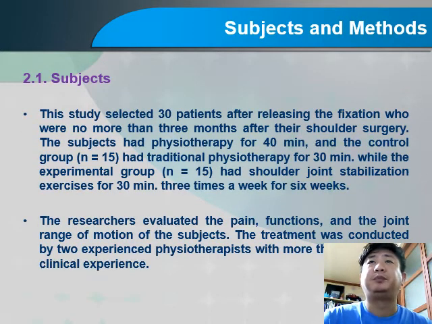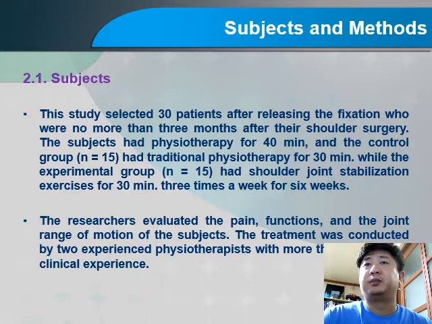Method. The subject. This study selected 30 patients after releasing the fixation who were no more than 3 months after their shoulder surgery. The subjects had physiotherapy for 30 minutes.